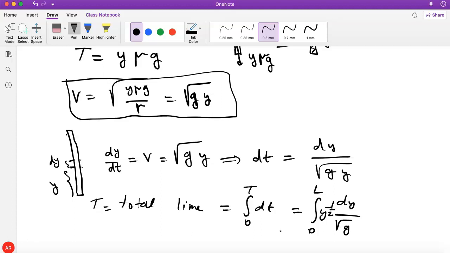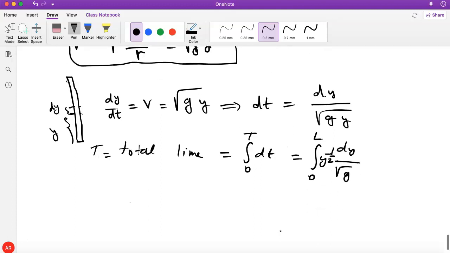That's 1 over square root y is y to the minus a half. Okay, so what is the integral of y to the minus a half? It's y to a half times 2, right? Because the derivative of this is just y to the minus a half.